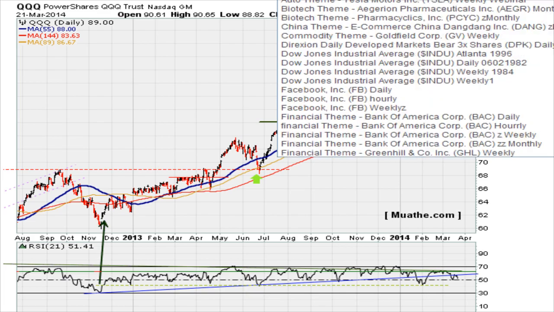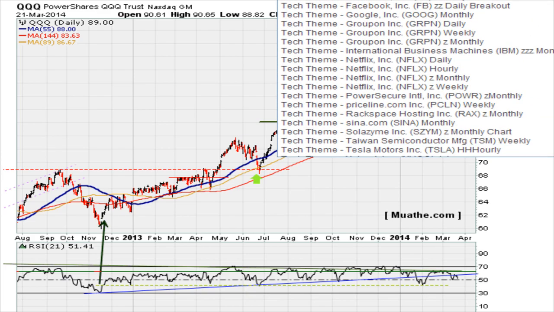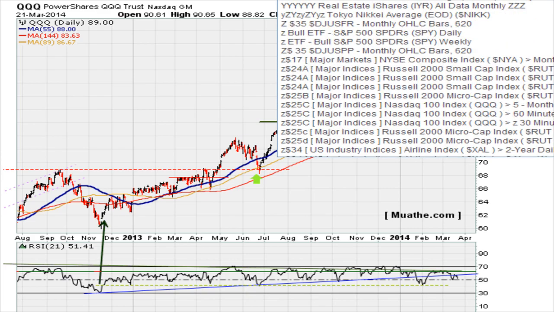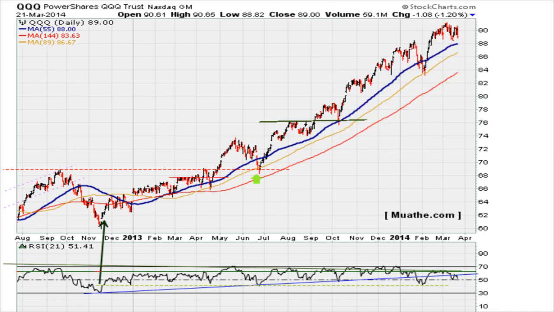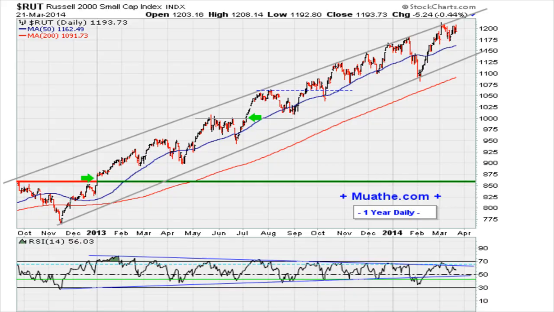Let's take a look at the Russell 2000 on a daily chart. The Russell 2000 is going to show here again these top lines on a daily have been resistance. Most recently, about 2 weeks ago, was resistance there, which makes sense. And also notice that the top lines on the RSI there gave you a uniform sell signal right there.